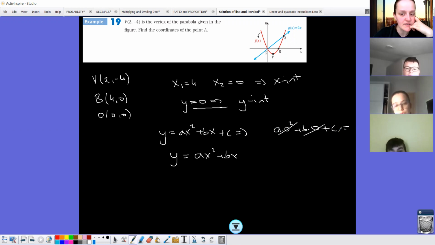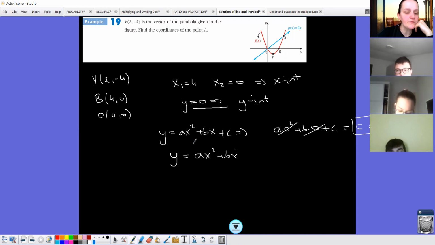These parts are already zeros, and only c remains as the y-intercept. The y-intercept is 0, so c is equal to 0.